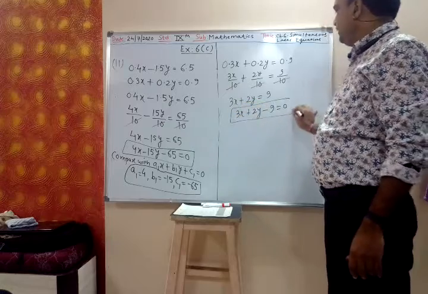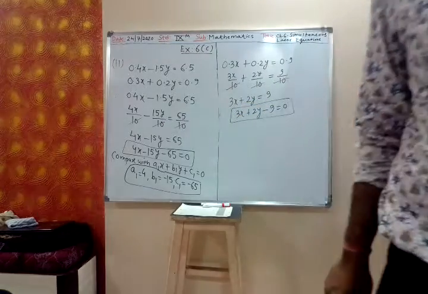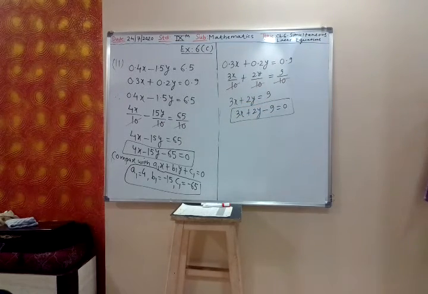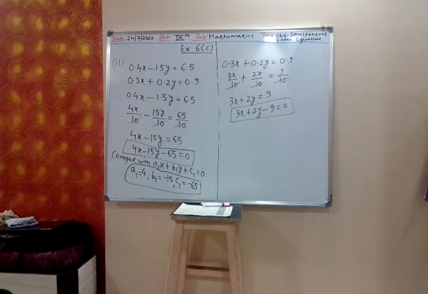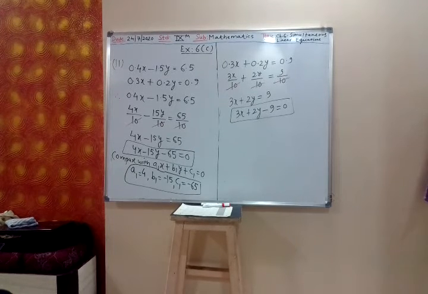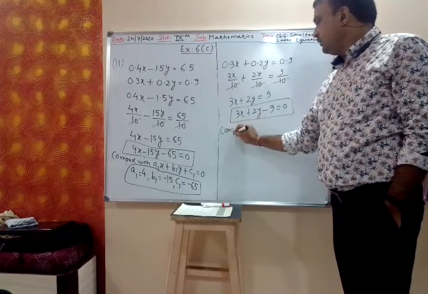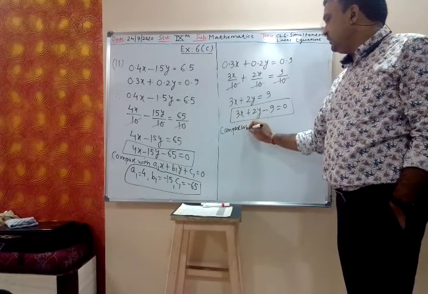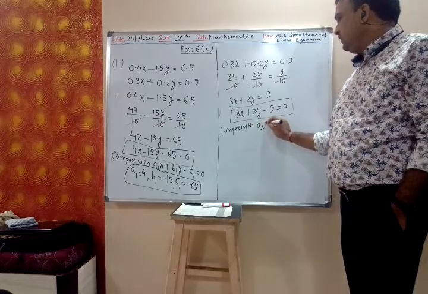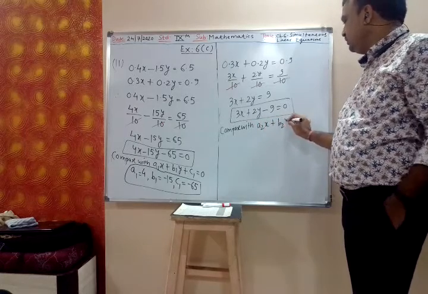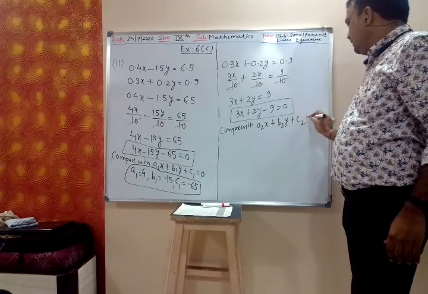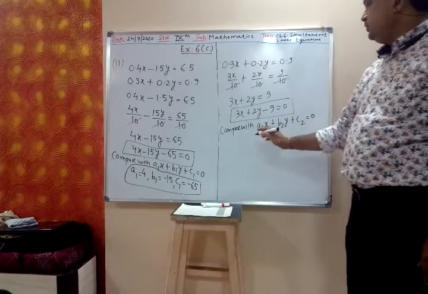Now compare with A2x plus B2y plus C2 equal to 0, and get the value of A2, B2, C2.